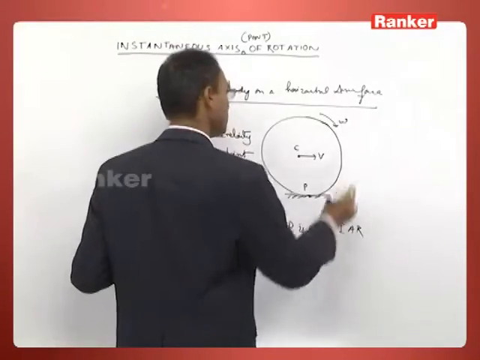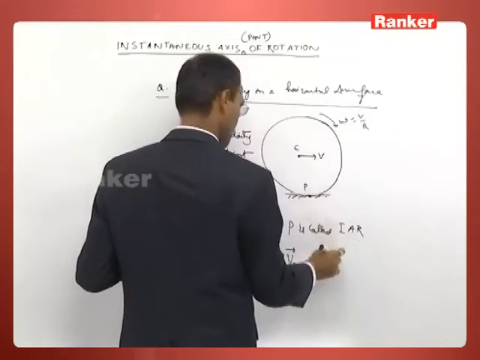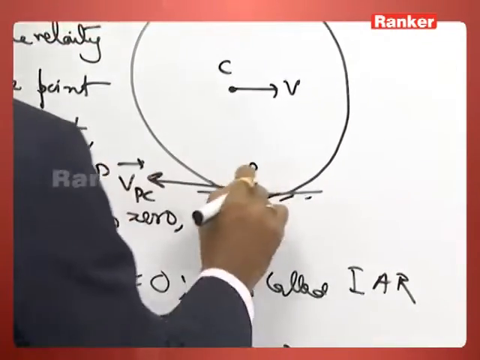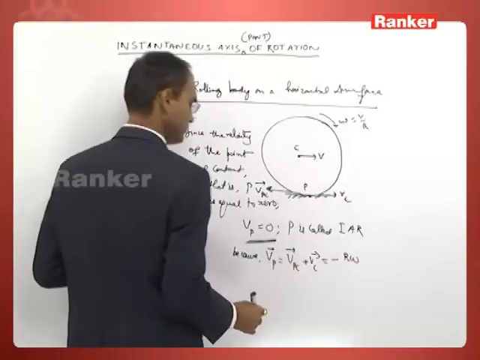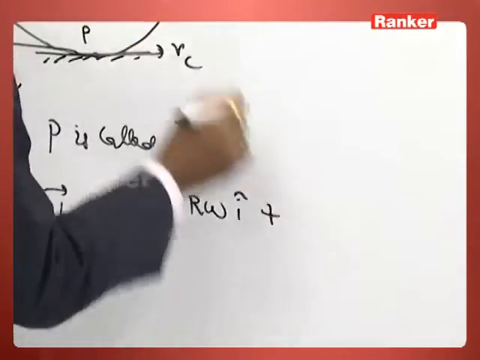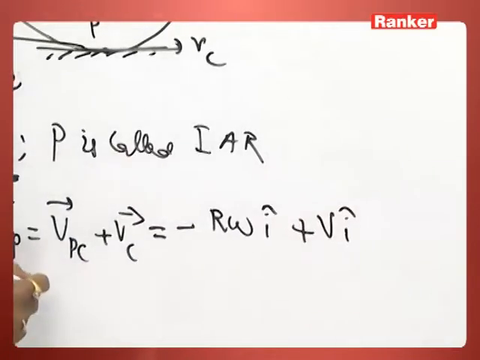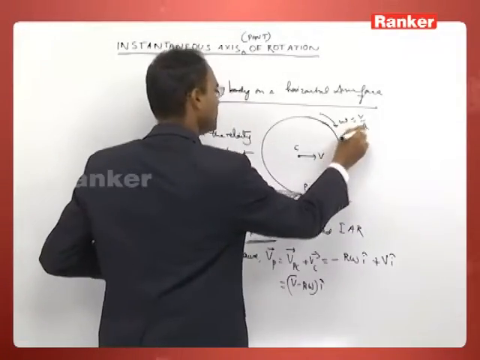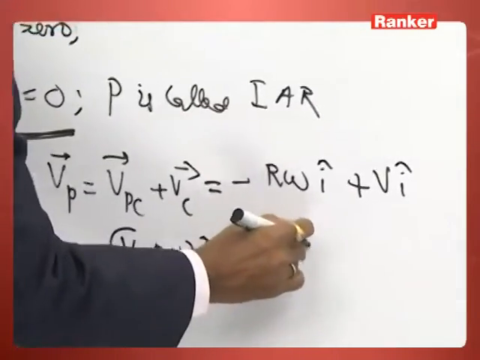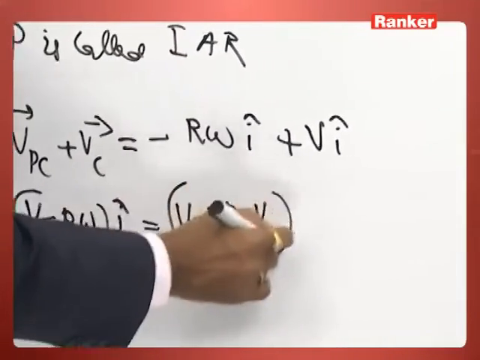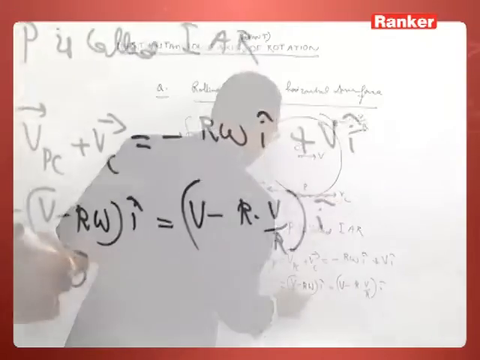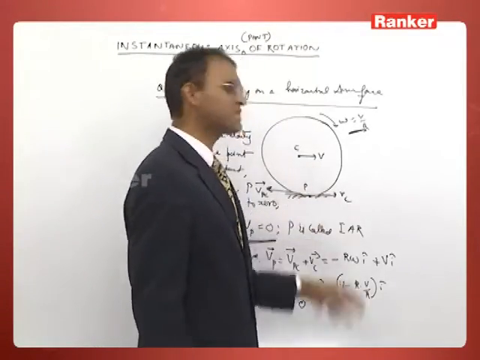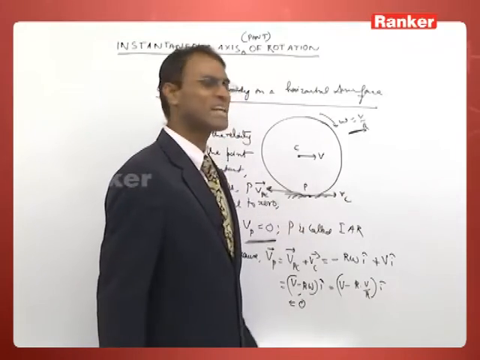Vpc is equal to minus r omega i cap plus Vc equal to V i cap. So you are getting V minus r omega. Under this condition, if omega is equal to V by r, you are getting 0. Since this point does not move at this instant, this point P is called instant axis of rotation.